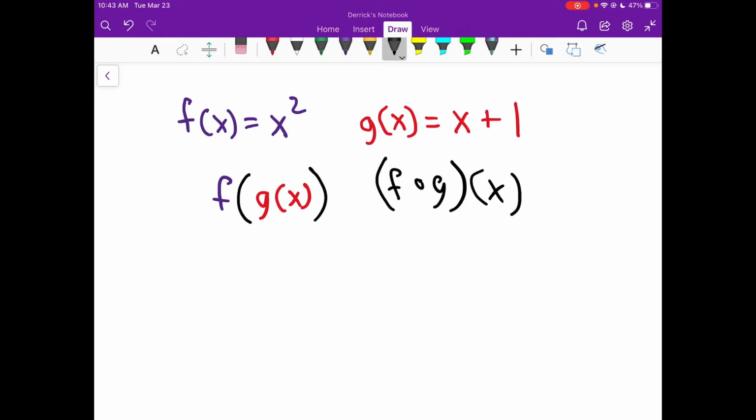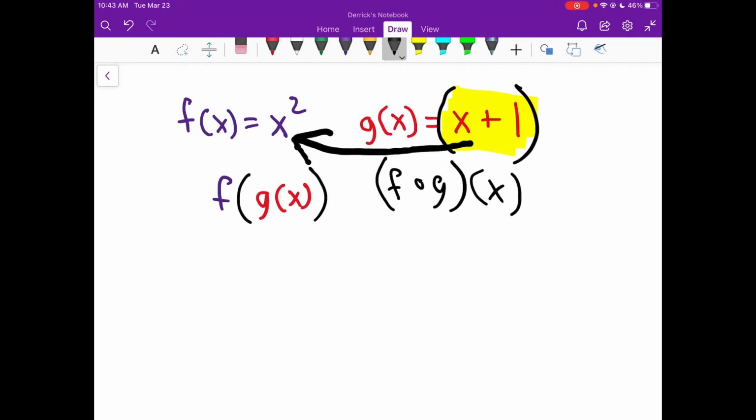You're not replacing one function with another, you're taking one function and plugging it in just to x for the other function. Meaning, we're taking this entire g of x function, the whole thing of x plus 1. I want to take that whole g of x function and plug it in specifically where x is in the f of x function. So the squared is going to stay there, it's just the x being replaced.